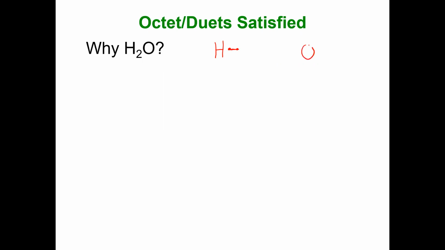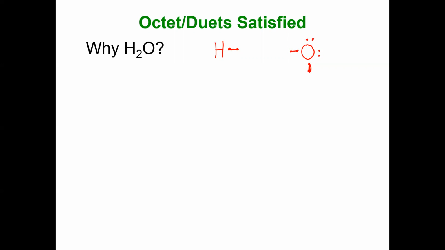Oxygen has 6 valence electrons because it's in group 6A. Two pairs are already paired up, but it needs 2 more electrons because it has 2 unpaired of the 6 valence electrons. So it likes to have an octet, so it needs 2 more, and that creates 2 bonds and 2 lone pairs.